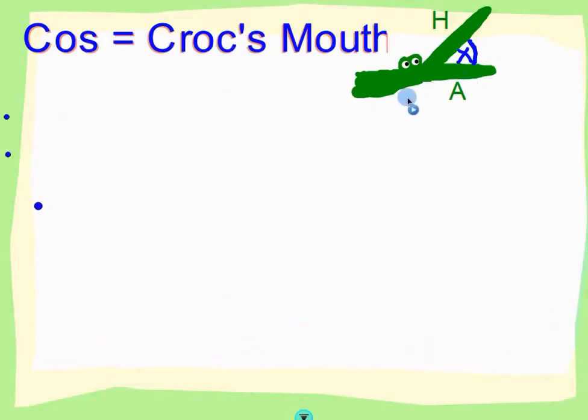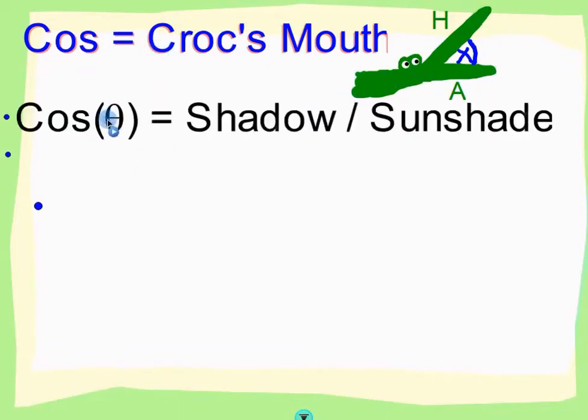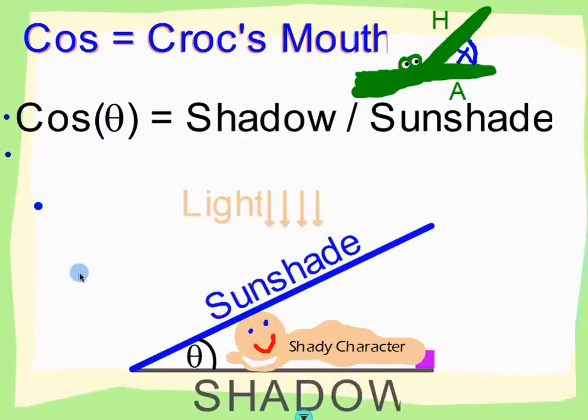A simple way of thinking about cos, they've both got C on them. It's a croc's mouth. That's the adjacent, that's the hypotenuse. But a better way is to get a daft example like this. Imagine you've got light coming down from a long way away. Imagine there's a sunshade, and this is the shadow that's cast by the sunshade.